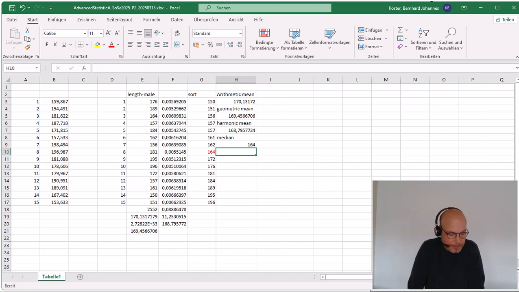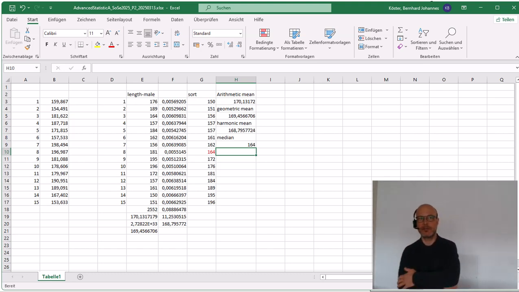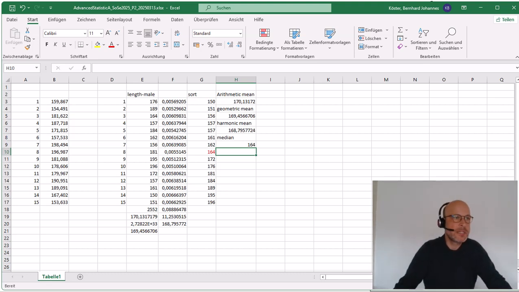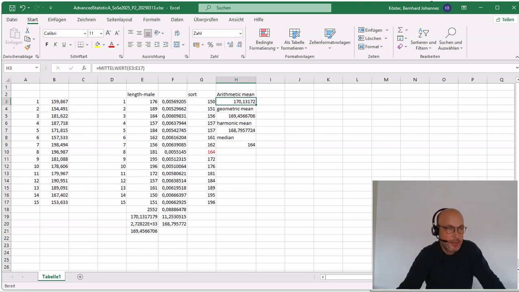Well, and already calculating these different measures, averaging our data set, we get also already some additional information out of it. Because what we see here is that the median is lower than the arithmetic mean.